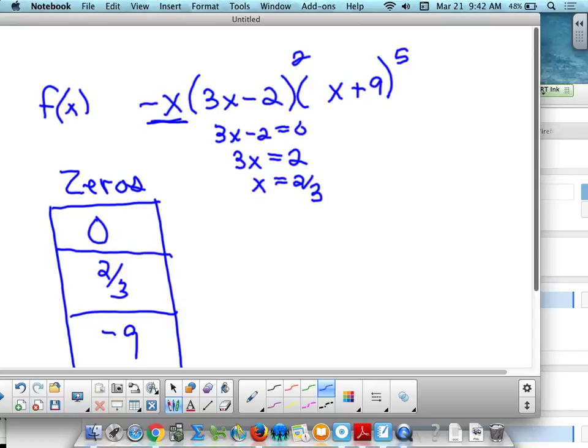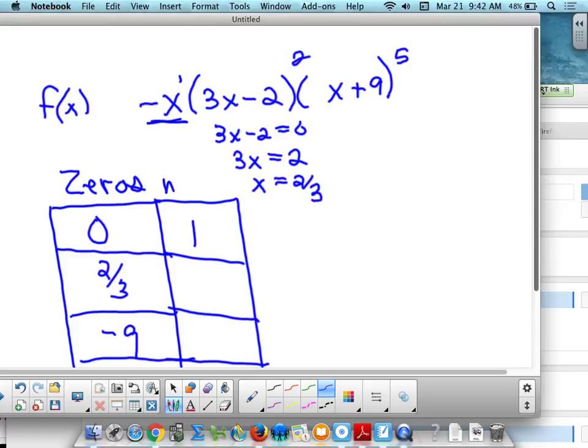Now the multiplicity. Look at your x. X to the what? The first one has multiplicity 1. The multiplicity of 2/3 is 2. The multiplicity of negative 9 is 5.